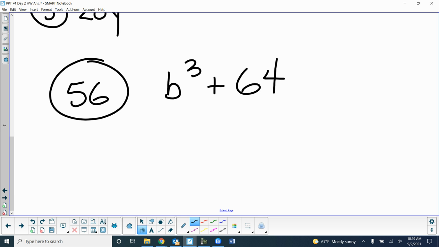It's a sum of cubes. So the tiny one, the binomial, and the bigger one, the trinomial. So what's my binomial? Anybody? B plus 4. The cube root of B cubed, the cube root of 64, and this sign is addition, so that's addition. Those match. What's the trinomial?